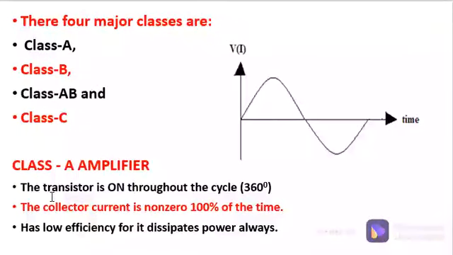In the class A power amplifier, the transistor is always on. It is operating throughout the 360 of a signal. That is, this is the half cycle and this is the other half, which will give us 360 degrees. So the transistor in class A is conducting always, and the collector current is non-zero for complete 100% of the cycle, which is 360.